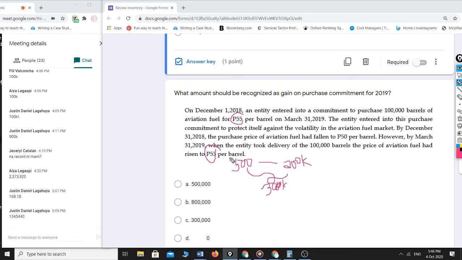So you would record a loss, guys, of 200,000. And in 2018 you recorded a loss of 500,000. It is quite a duplication of losses. But in fact, it is only one in substance. Right? It becomes a 700,000 loss, which in reality, your loss is only 200,000. That's why, in order for the company to adjust its loss in 2018, it records a gain of 300,000, so that it reflects its real loss of 200,000.